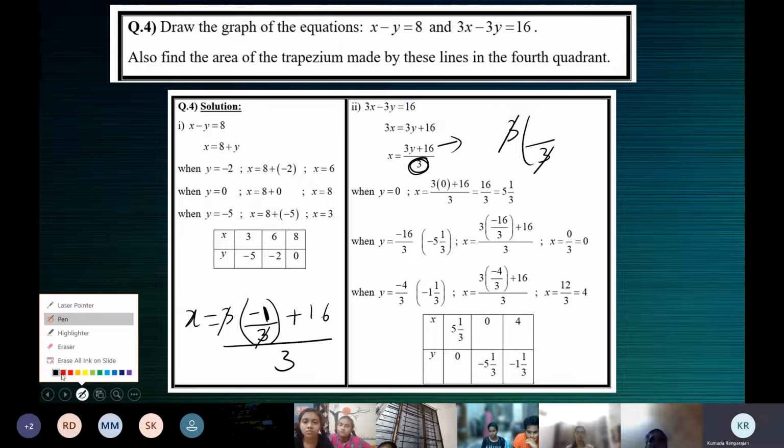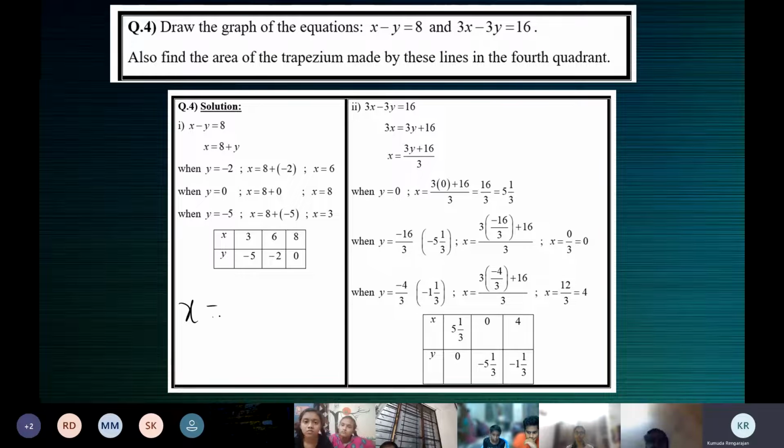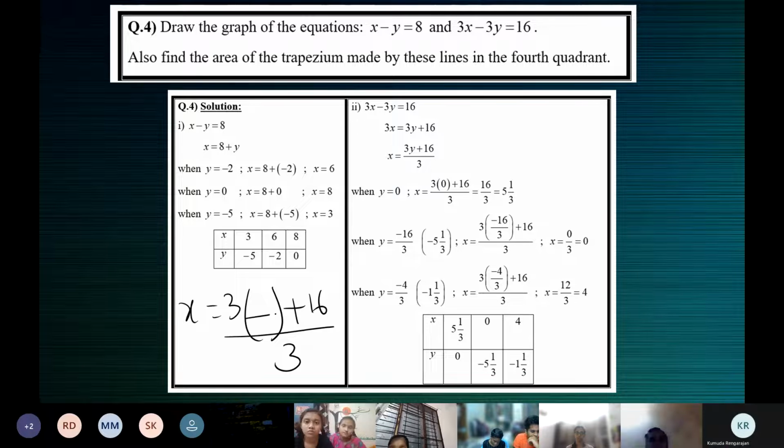So I'm saying, when you don't know, just write x is equal to 3 into y plus 16 by 3, with denominator 3 for y. What should be the suitable value in the numerator? So I have taken minus 4. So 16 minus 4 is 12, and 12 by 3 is 4.